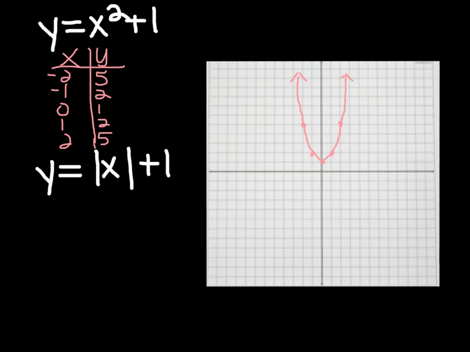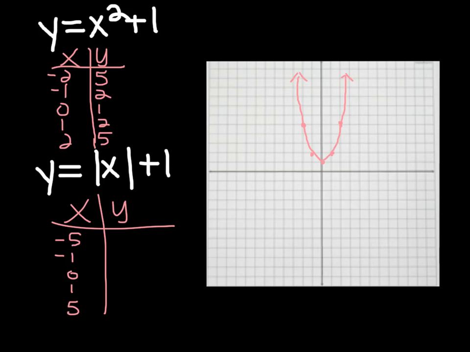And then the last one you'll see is an absolute value equation. And again, plug in x's and y's, and this time I'm going to do -5, -1, 0, 1, 5, just to show you you can pick different values.